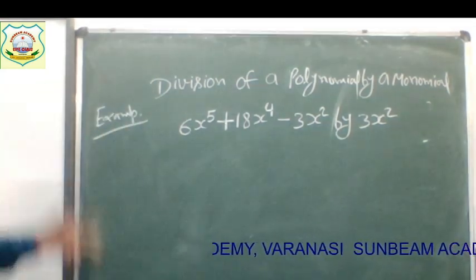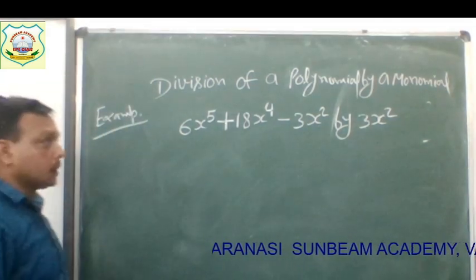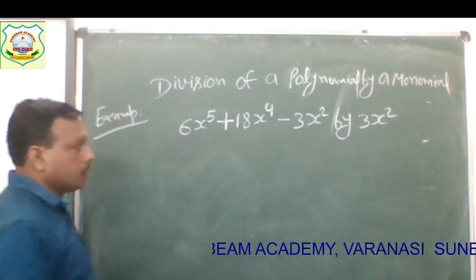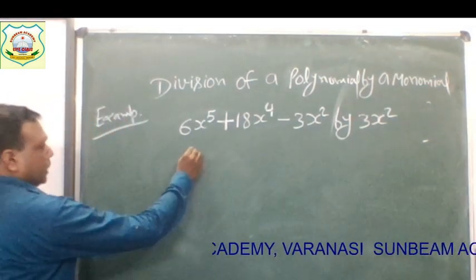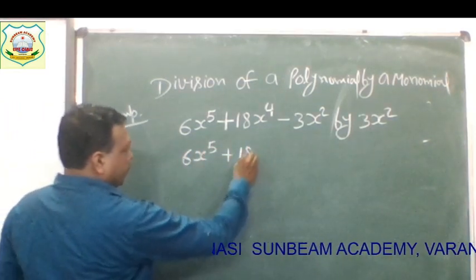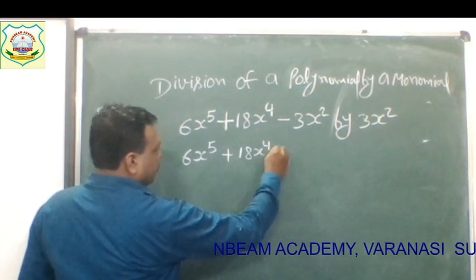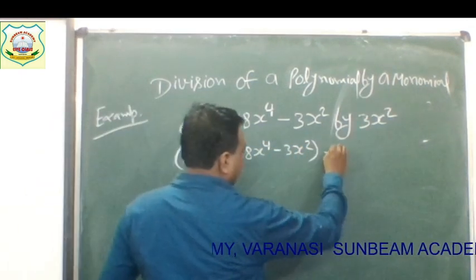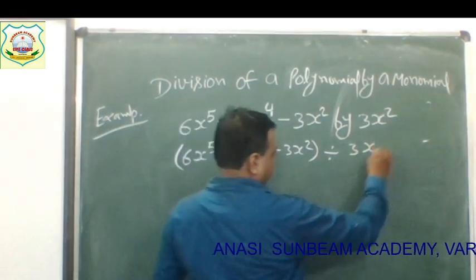How can we write this? If a single monomial and monomial is given, then no problem, we can write in fraction form. But how will we write this one? First of all, 6x power 5 plus 18x power 4 minus 3x square divide 3x square.